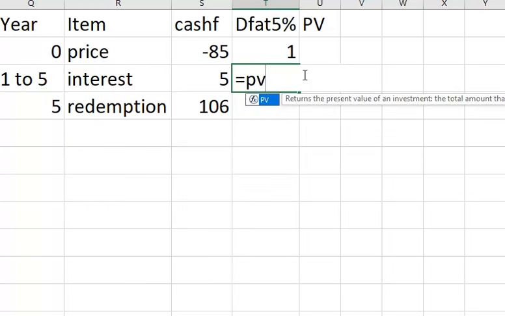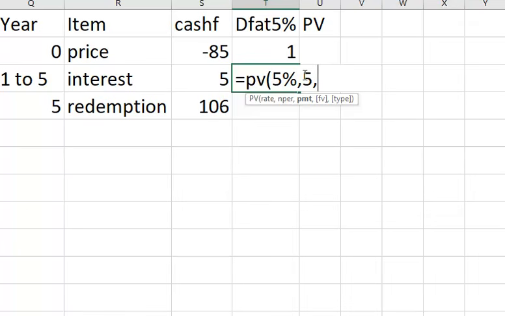PV. Yeah, so rate is really 5. Oh, sorry, I forgot. Let me put it as a percentage. So rate 5%, comma, NPER 5 years, comma.